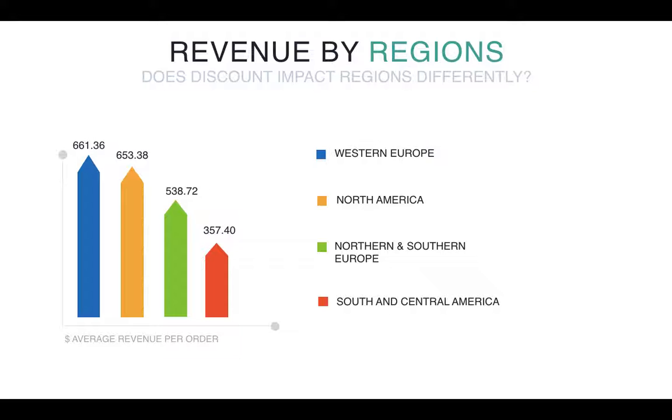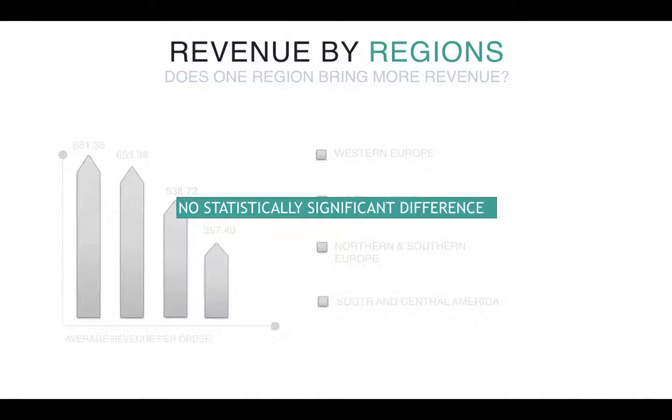We ran our tests to see if this difference that we can observe is in fact statistically different, or if it's just a random difference. And our conclusion was that there is no statistically significant difference on revenue among the different regions. So we can say that revenue is being affected in the same way when there is a discount applied, regardless of the region.